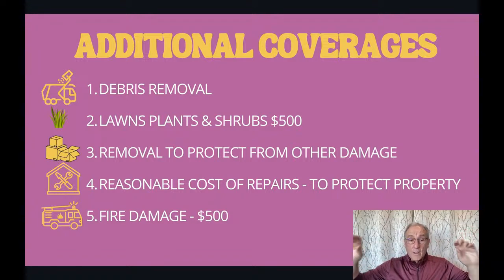Lawns, plants, shrubs: $500 per tree or shrub. Removal to protect from other damage. This is kind of like debris removal, but sometimes we have to take stuff out so it doesn't get further damaged.